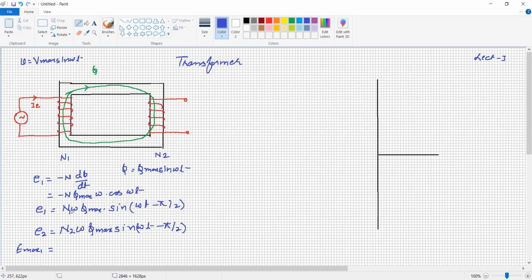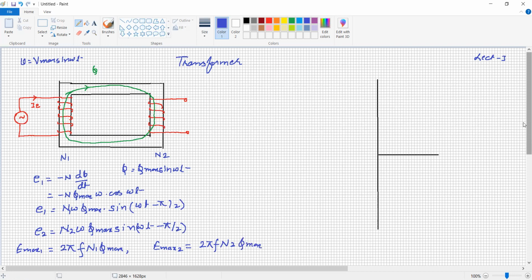So it is omega, which is twice pi f, into N1 into phi maximum. Similarly, E maximum 2 is equal to twice pi f N2 into phi maximum.